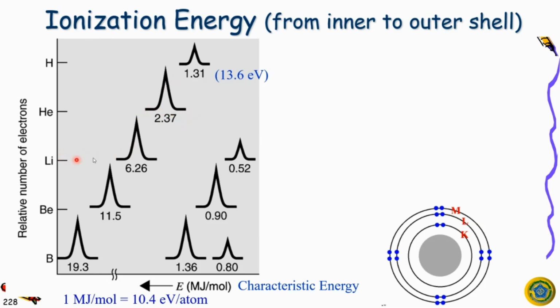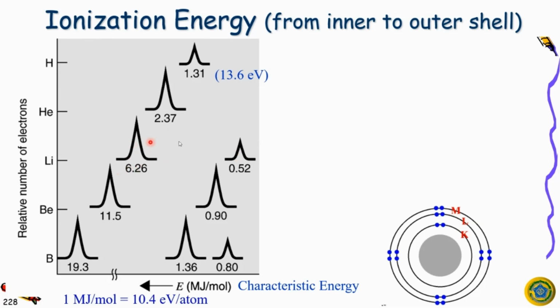And then for lithium, there are 3 electrons. So for the first electron in the outermost shell, the energy required for ionization is about 0.52 megajoule per mole. That means about 5.2 electron volt, something like that, right? Okay, and then for the inner electrons, this is 1s2, 2s1.